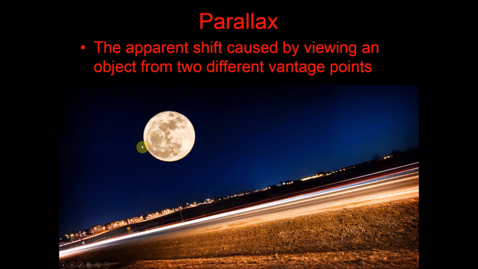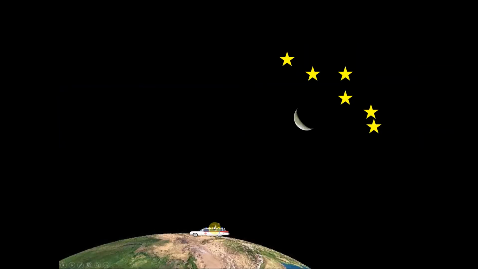Now remember, the moon is a very big object, so even a slight shift in your position will not really move it in the sky that much. So here, if you are in this car played by the Ghostbusters Ecto-1 here, and viewing the moon from point 1, we will see the moon against the background stars in this position.